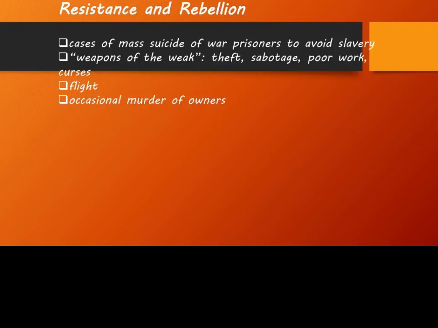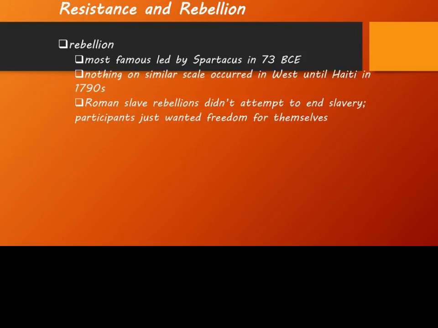And these various forms of slave resistance can be seen in work slowdowns or sabotage. There were runaways that created a small industry in slave catching. And the punishments for slaves, like I mentioned earlier, for murdering their masters was extremely harsh. The victims, other slaves, were then killed. Flight was also possible, and like I said, the occasional murder of the owners.